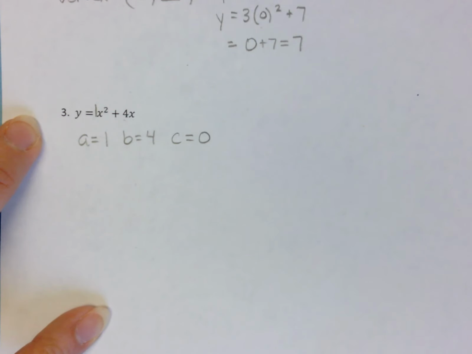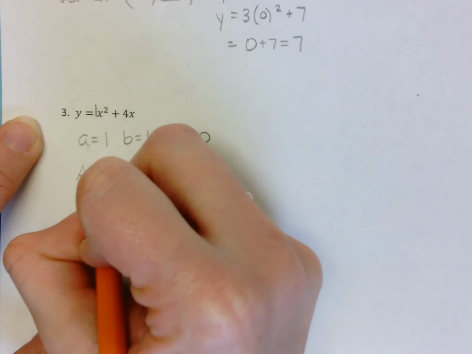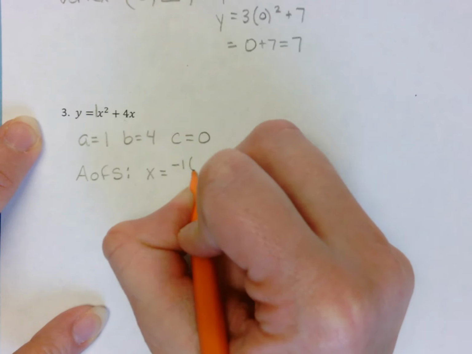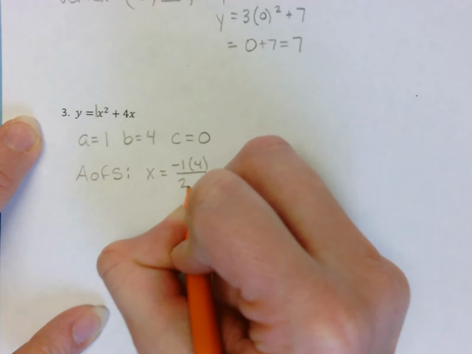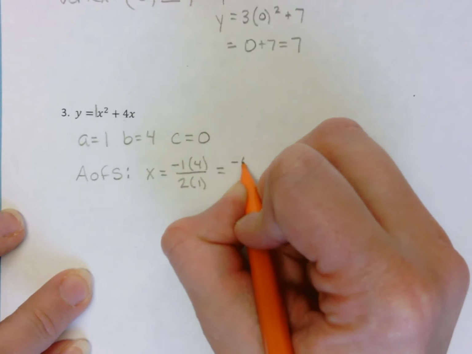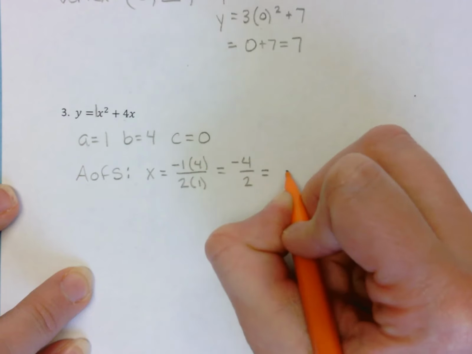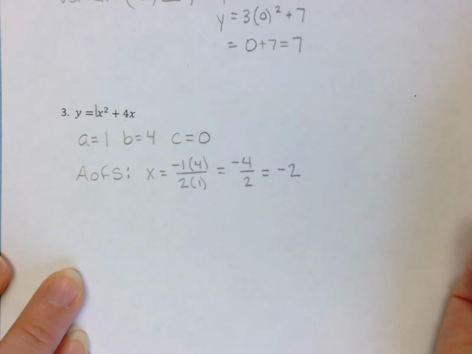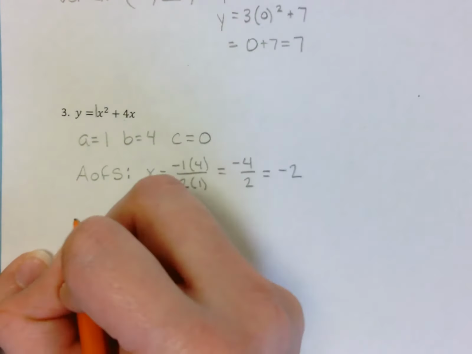Pause the video to try this one on your own, finding the axis of symmetry and vertex. Did you find the axis of symmetry to be -2? Use that value in your vertex.